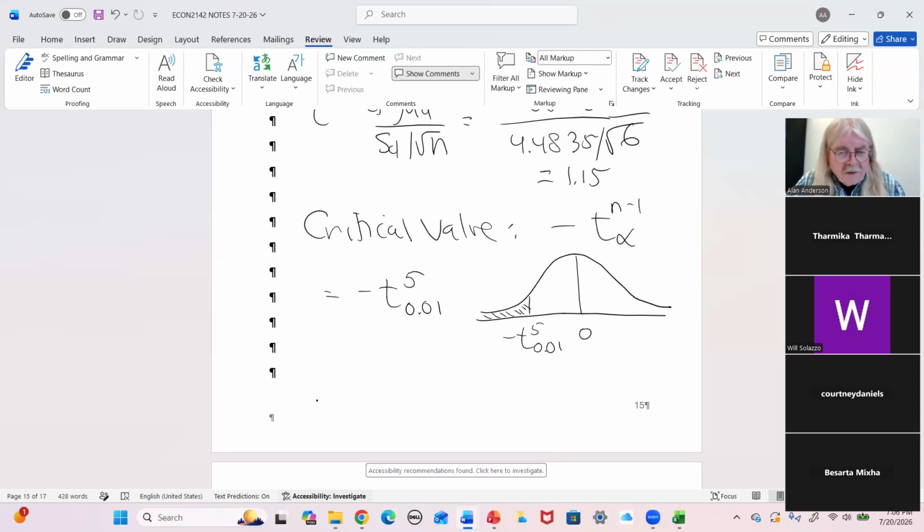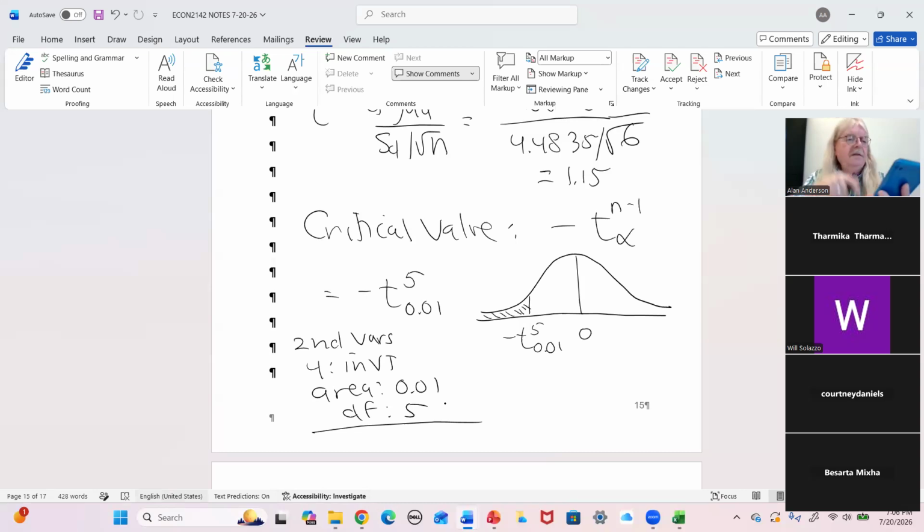And so, of course, we go to our calculator and look for second vars for area, 101. Degrees of freedom is 5. And that will give us negative 3.36.